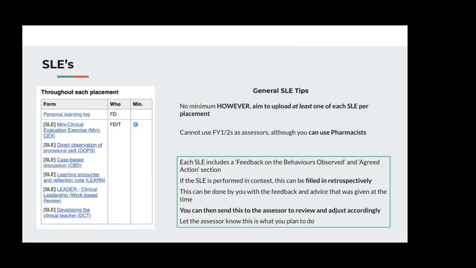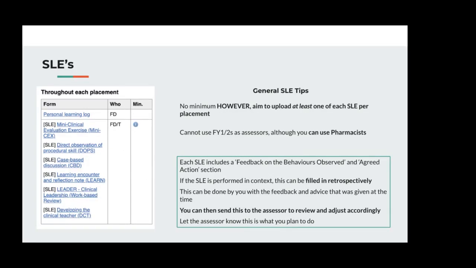Now, that is by far and away the longest part of the form, and often why people say, oh, I can't really be bothered, can you sort it with someone else? But if you sit down and have a conversation with someone and they say, yeah, that was really good, but actually, go away, have a look at this, do some reading up about osteoarthritis, because you need to work on your management for that a little bit. All of those things are feedback and agreed actions in terms of what you need to do.